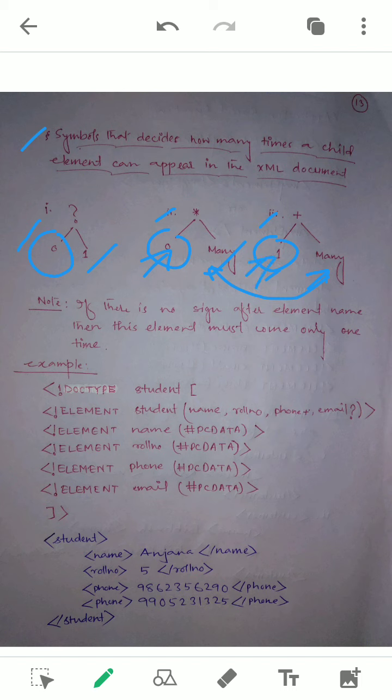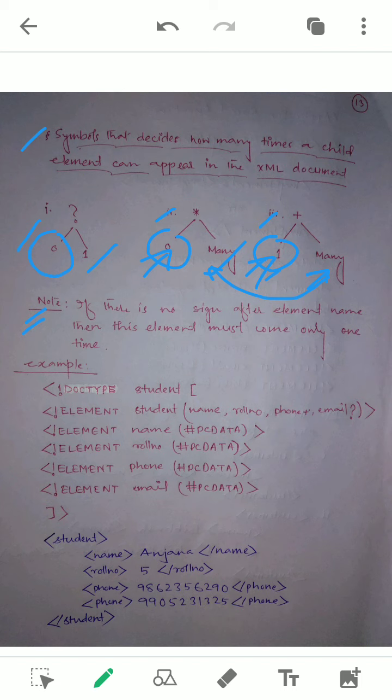And the next one, note, it is given. You can see note means if there is no sign. Till now, whatever DTD we have discussed, there was no sign concept. So here, if there is no sign after any element, that element will come only one time. Okay, remember this note. You can see in your book also this note is given.